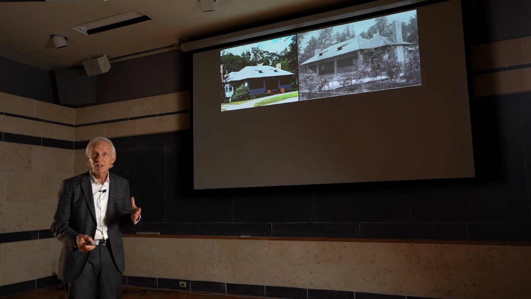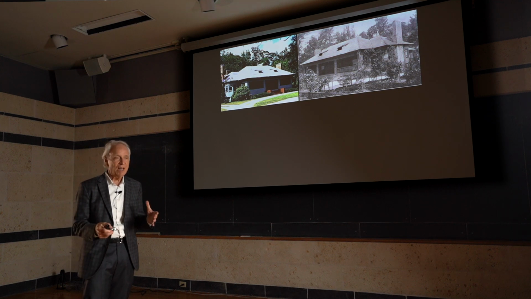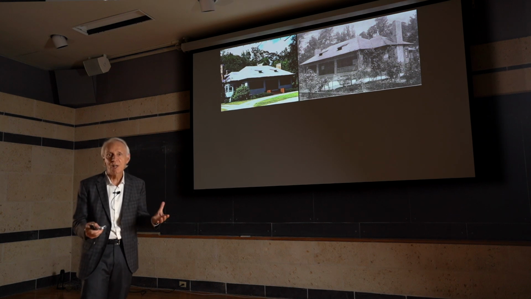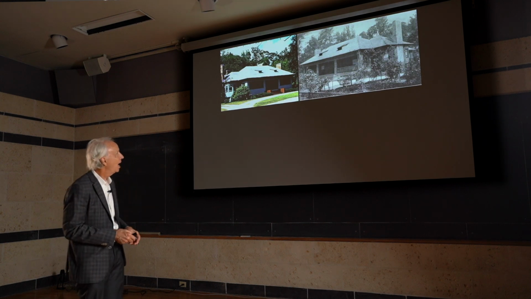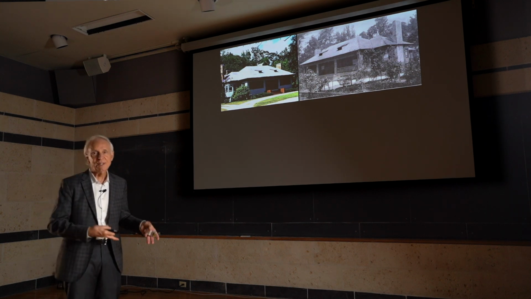But again, not only about this simple kind of unpretentious house for someone who now has a fair amount of money, but it also is speaking to where it is.